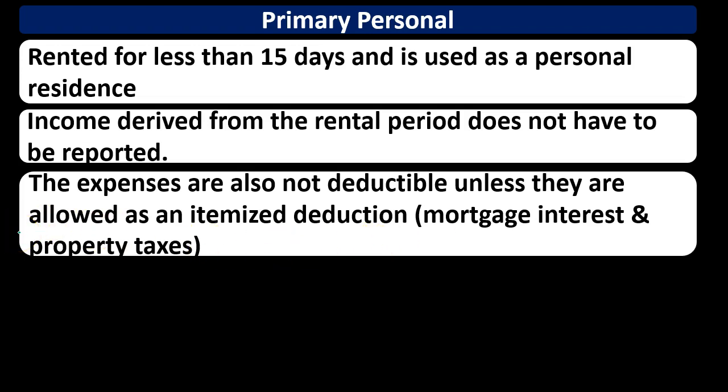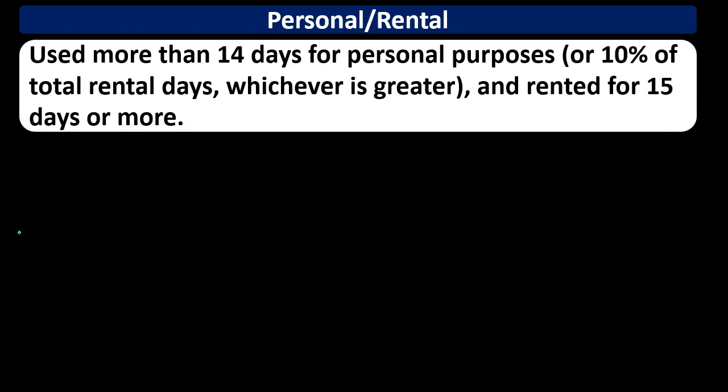So it could be deducted elsewhere. If we did have the Schedule E deduction, then again, it might be oftentimes a more beneficial place if we were allowed to deduct it on the Schedule E, because there's less limitations typically in terms of getting the full deduction on a Schedule E type of deduction.